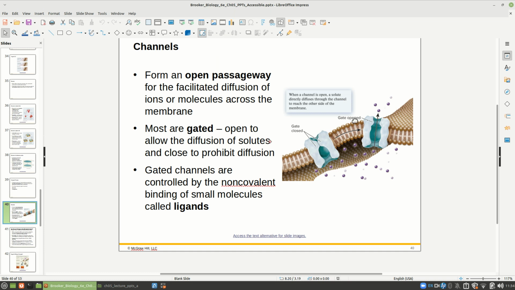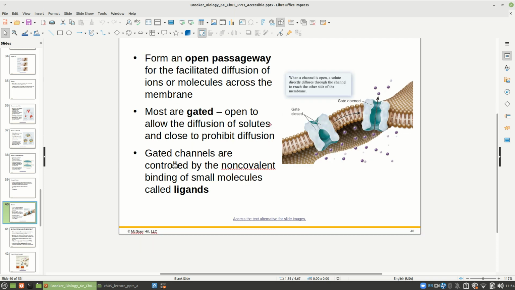All right, so here we go. We're looking at these proteins here, and as you can see, it's closed. There are two proteins, one here and one here, and they go all the way through the membrane. And when it's closed, it looks like this. Now, certain things can cause these proteins to change shape, and when they do, it opens up a channel. So it is gated if it can open and close.